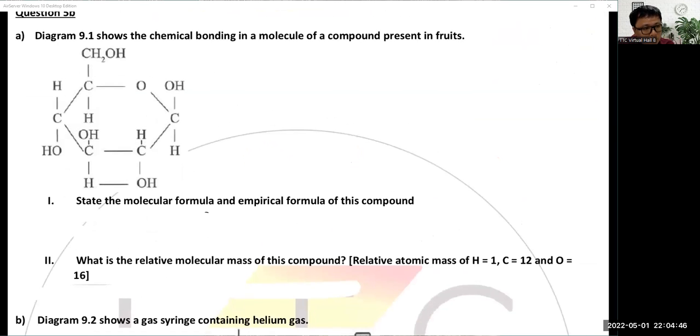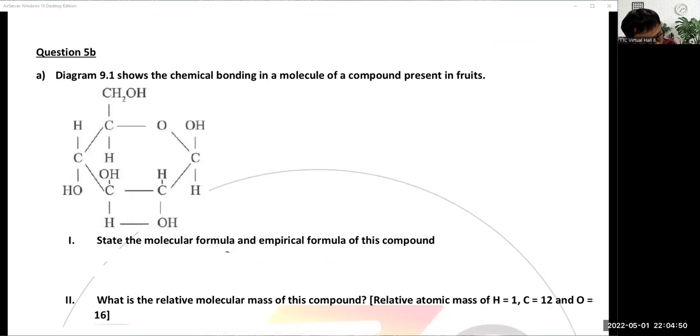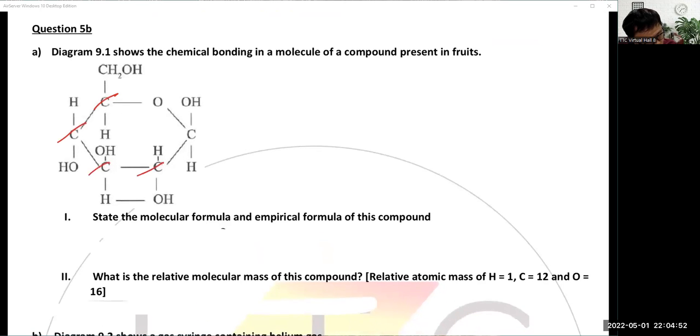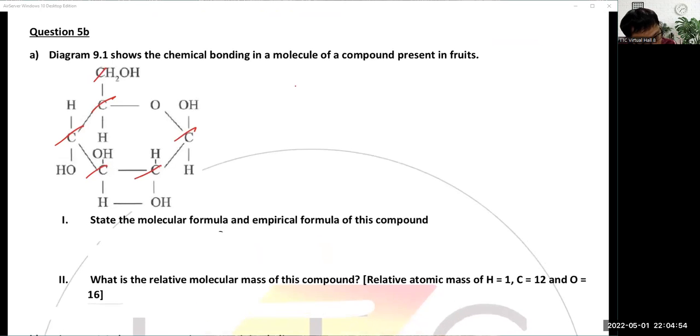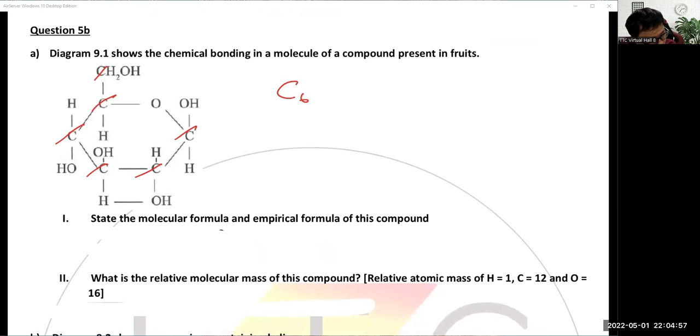For this one, you have to calculate how many C you have: 1, 2, 3, 4, 5, 6. Then we check the hydrogen: 1, 2, 3, 4, 5, 6, 7, 8, 9, 10, 11, 12.